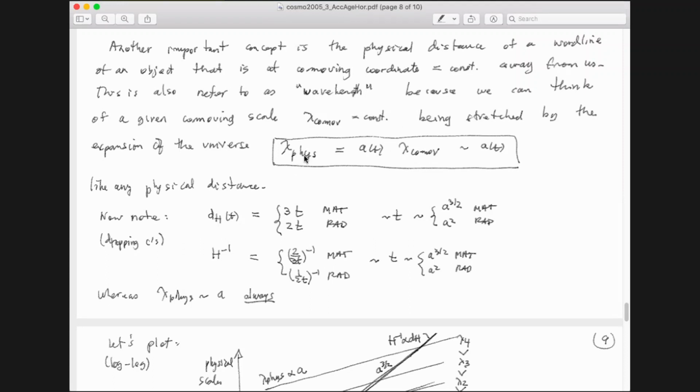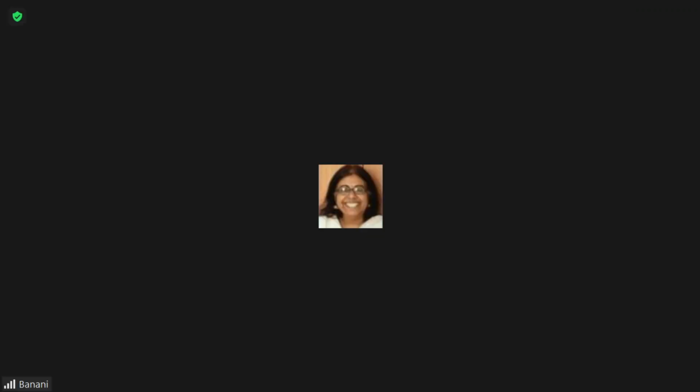Any physical distance, suppose you take a ruler of one light year, 1 billion light year. Now, if you wait for another epoch when the scale factor becomes double, what will be the size of the ruler? Is the question clear? Or shall I say it again?